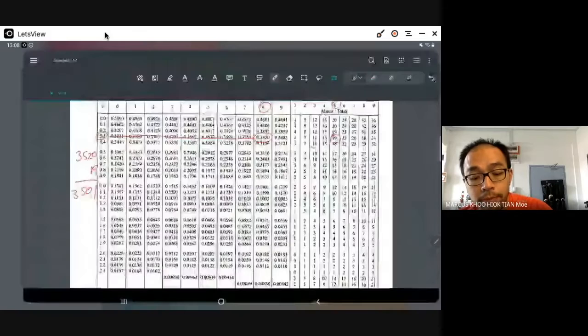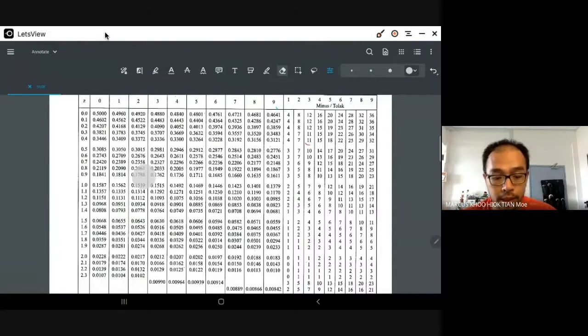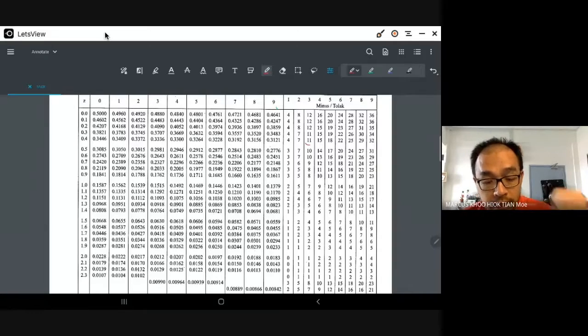The probability is 0.15. Are we looking at the side or at the middle? We are looking at the middle. We have to find 0.15 or the number closest to 0.15. I see here there is 0.1492 and 0.1515.